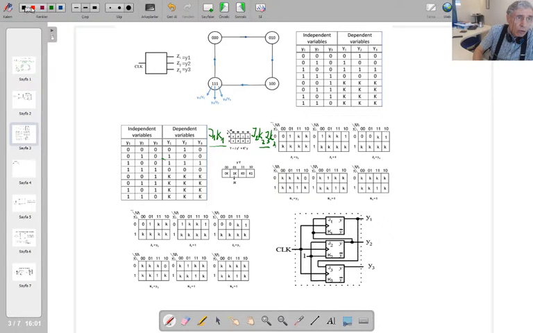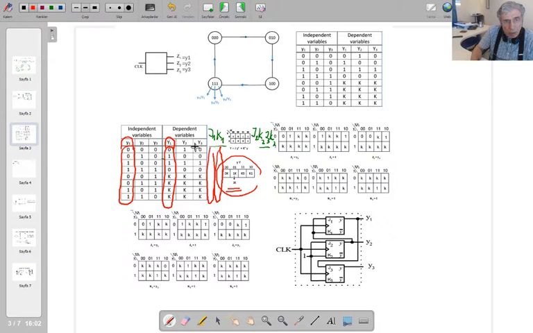For the first JK memory element, this is the present state, and this is the next state, small y, capital Y. By using the inverse definition relation, you're going to find the J1, K1 functions.